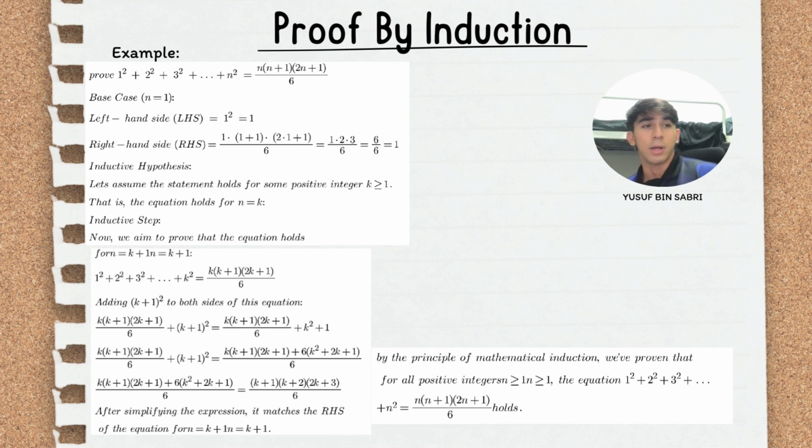And then next, (k plus 1) times (k times (2k plus 1) plus 6 times (k plus 1)) divided by 6 equals (k plus 1) times (k plus 2) times (2k plus 3) divided by 6.